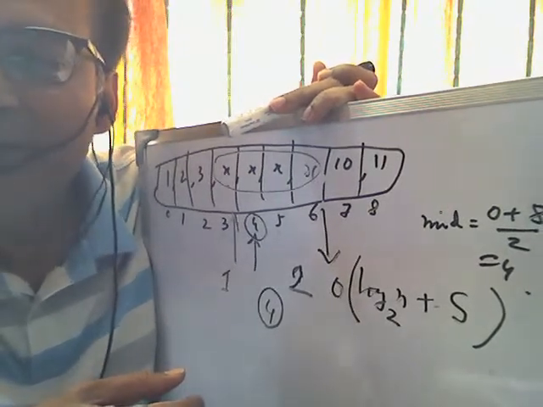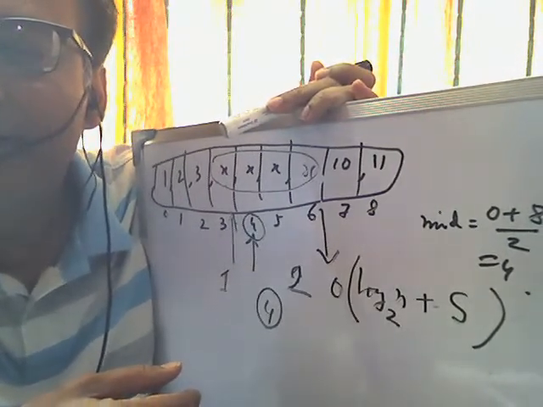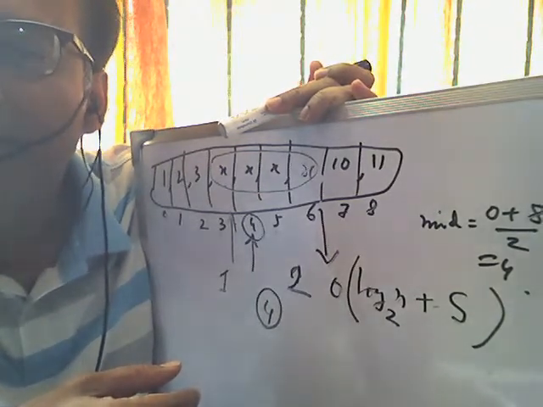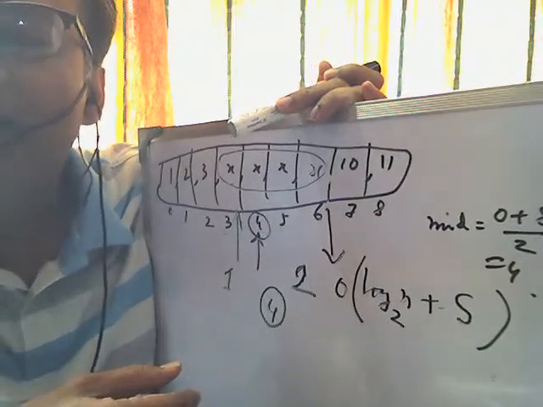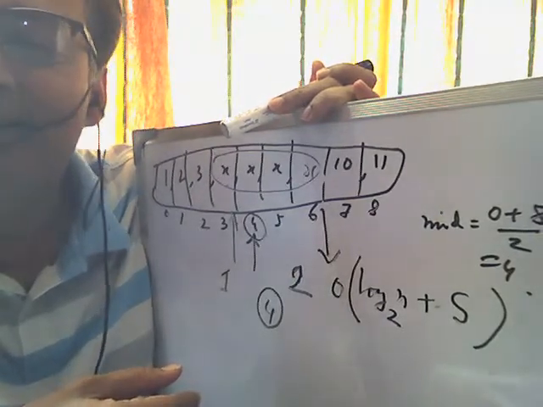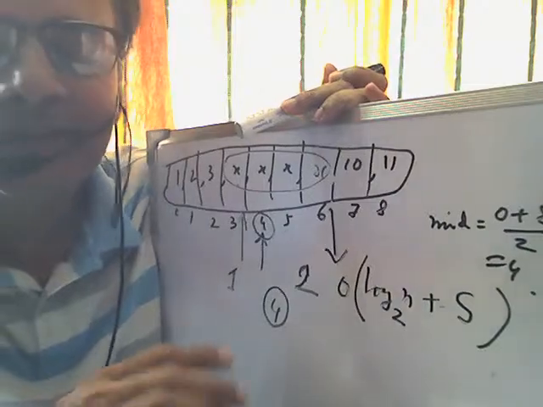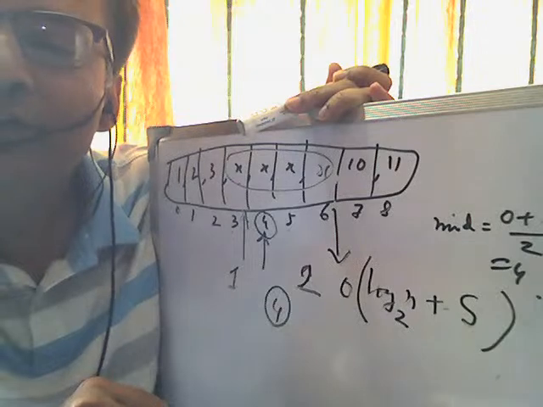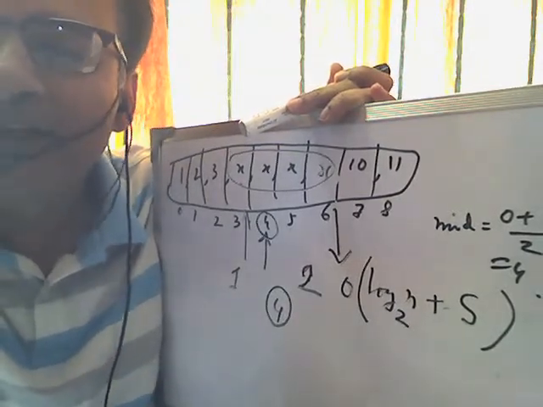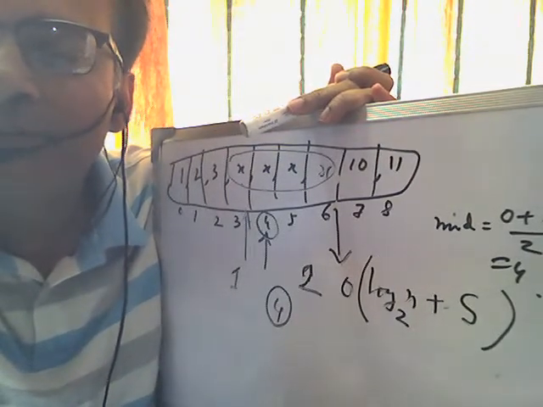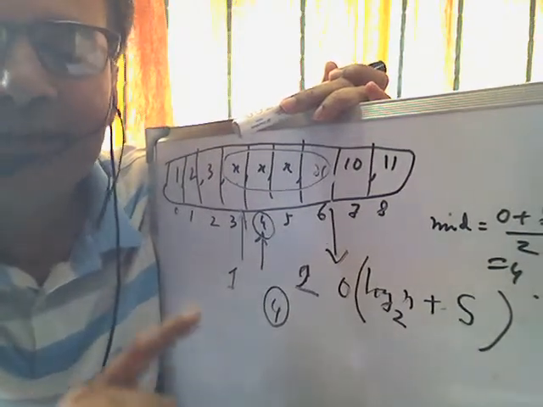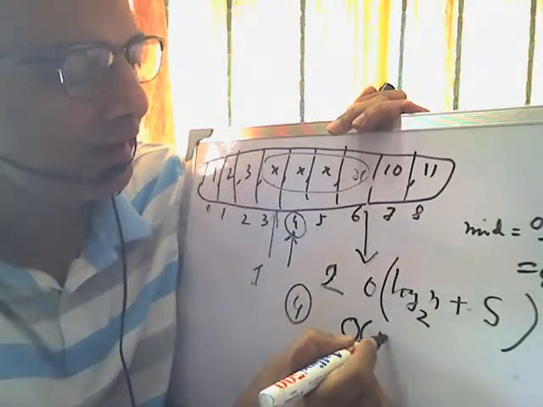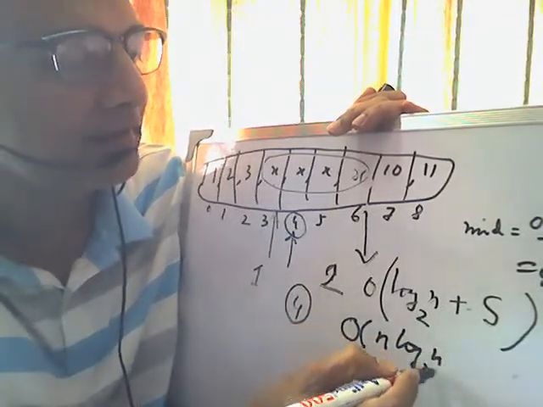Santan asks: sir, if we have an unsorted array, cannot we sort it and then apply binary search? Definitely, it is a nice question, Santan. If it is unsorted, you can do the sorting, and sorting takes n log n time, right?